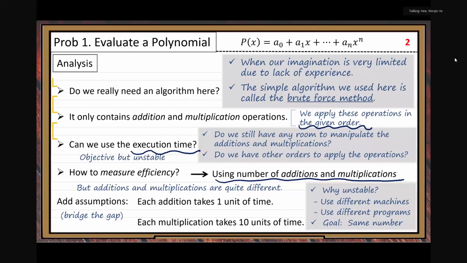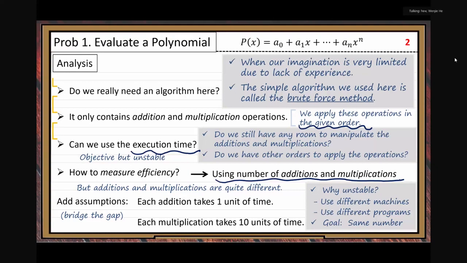You can see one multiplication needs 10 times as much as one addition. That's a big difference. We make this assumption for our discussion. Now we just consider the total number of time units.